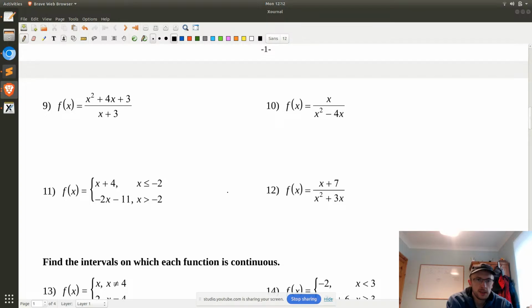Next, the numerator can be factorized into x + 3 times x - 1, and so we're tempted to cancel the x + 3's, but that would remove information about what's valid and invalid in the domain. So x equals -3 is clearly of interest. And we must classify that discontinuity.